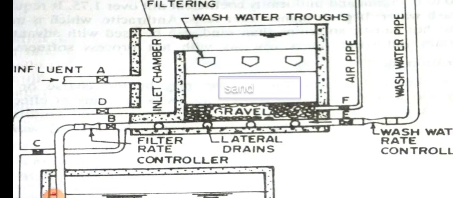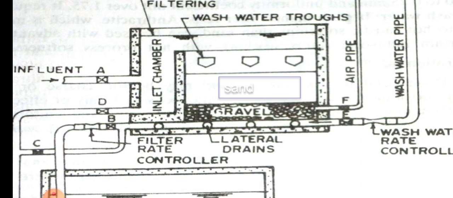After considerable filtration is effected, the sand bed or the filter media will be clogged with particles. So we will have to wash or clean it. For this, water is passed into the filter media through the lateral drains at the bottom, and this will wash the sand and remove all the particles that are clogged.